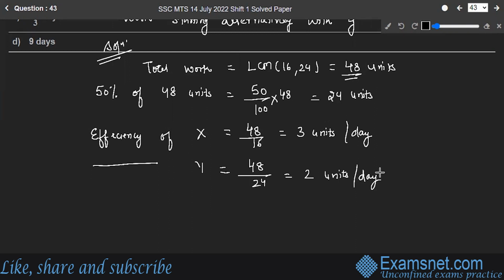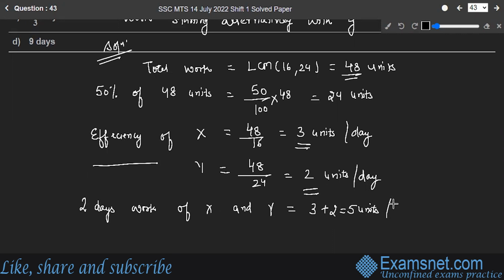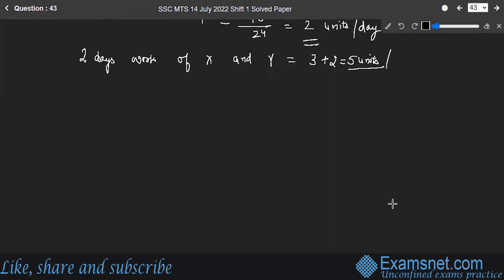Since X and Y are working alternately, starting with Y, 2 days work of X and Y is 3 units plus 2 units, that is 5 units in 2 days. So 5 units of work they do together in alternate days.